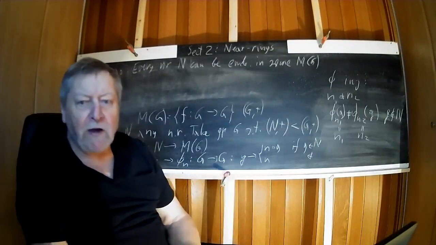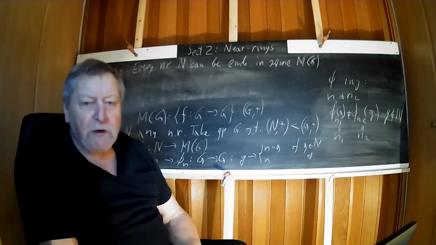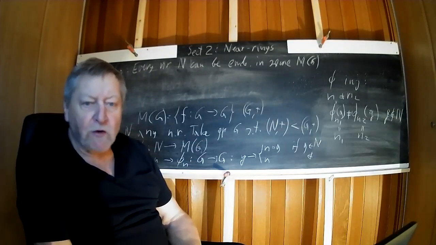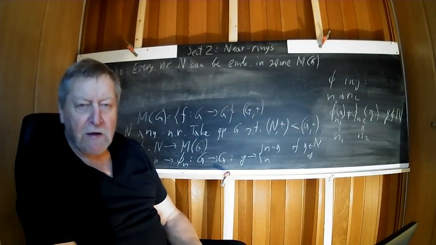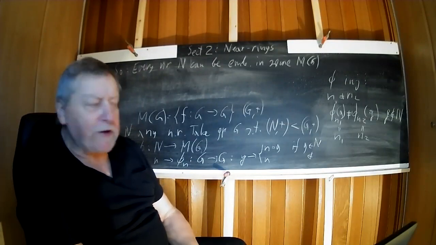That's in the same way as in group theory. Permutation groups are Catholic because every group can be regarded as a subgroup of some full permutation group.